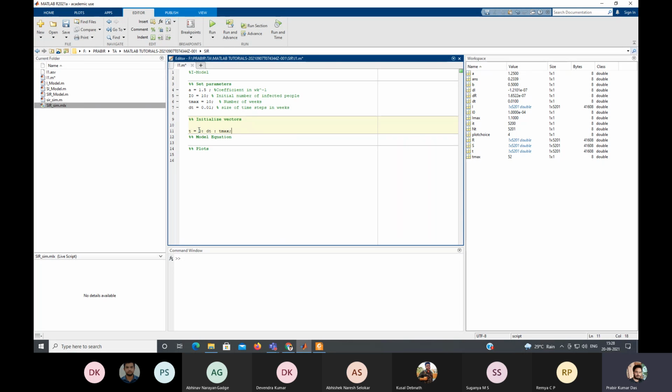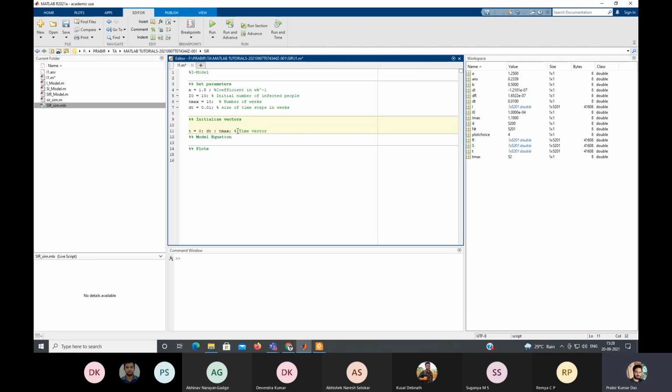So can anybody explain this code? What will this code do? T equal to 0 colon dt colon t max. T will range from 0 to T max with the step size of dt. Yeah. Okay. So this is our time vector.